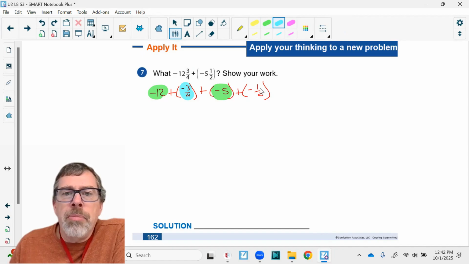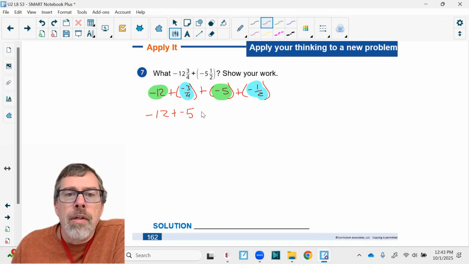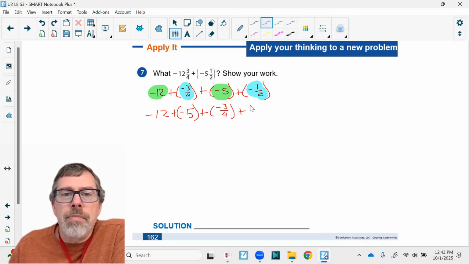This is a rational number. This is a rational number. I'm now going to combine them and rearrange them so they're together. Negative 12 plus a negative 5 plus negative 3/4. I should have parentheses around this as well because of the double sign, plus negative 1/2.